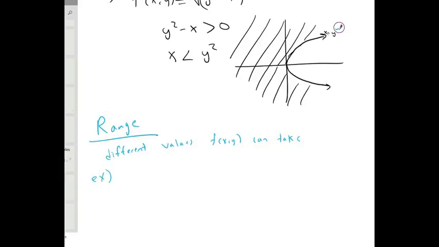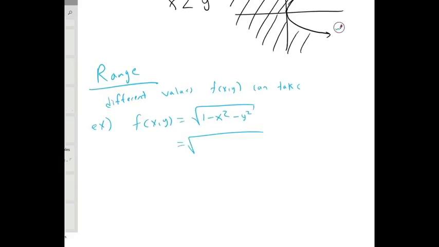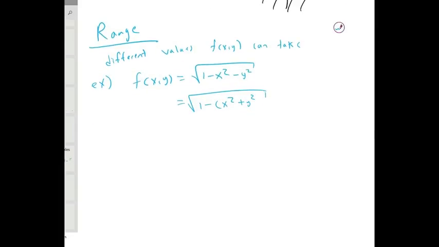So if we had f of x y equals the square root of 1 minus x squared minus y squared, we can look at this as 1 minus parentheses x squared plus y squared. So we know that what's under here must be greater than or equal to 0, because it's a square root.